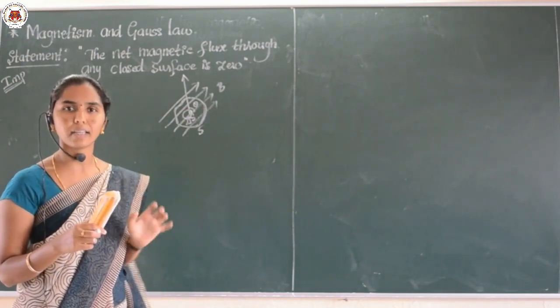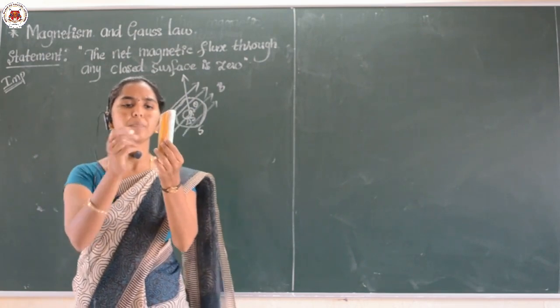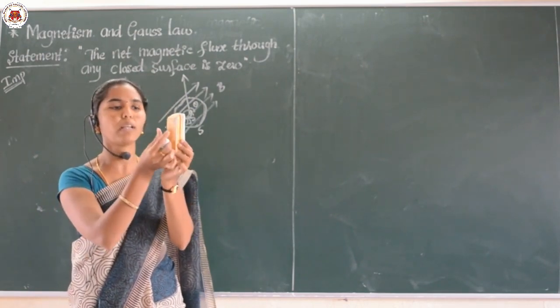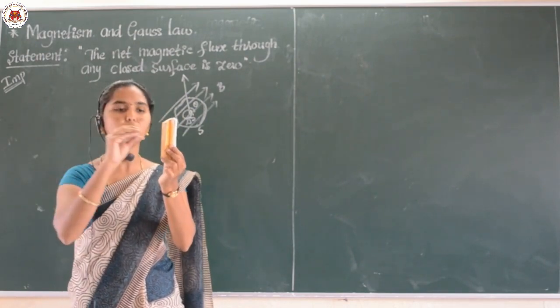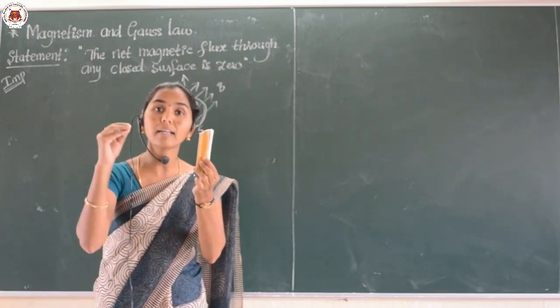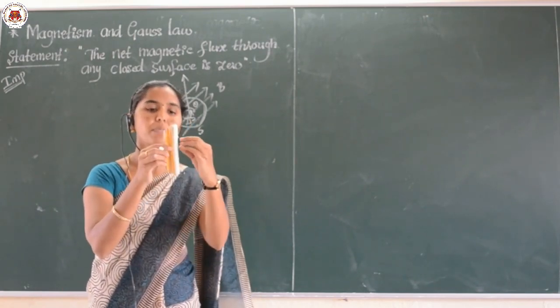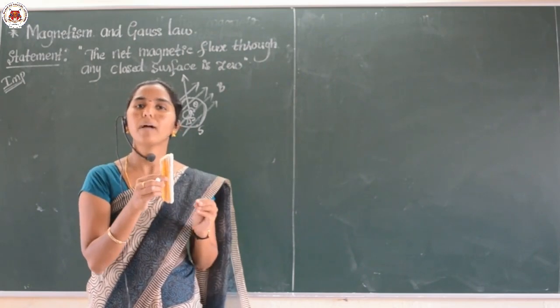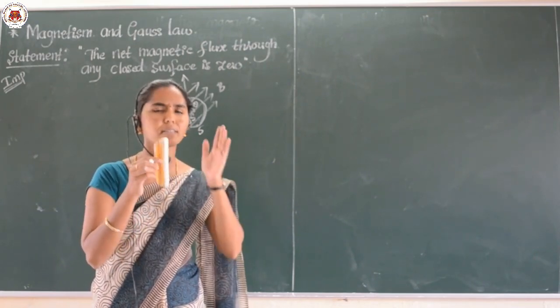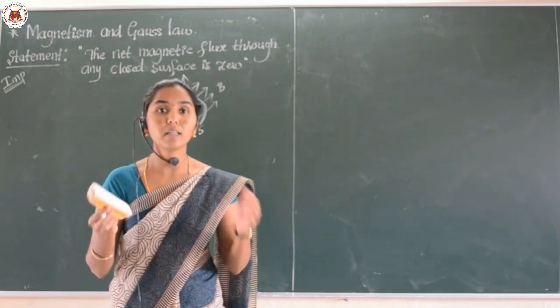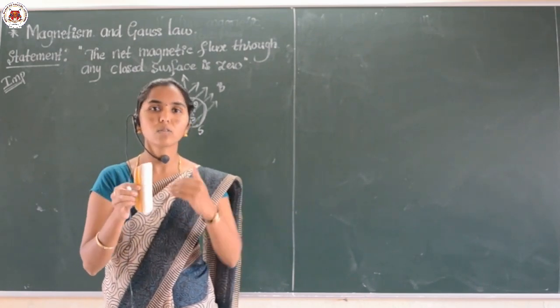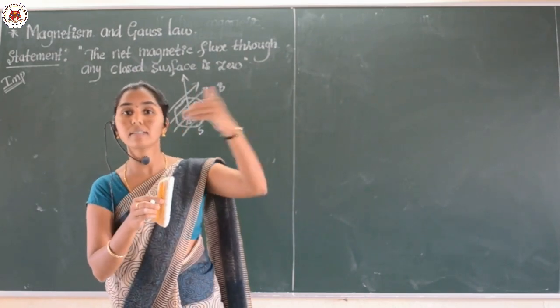That means very simple: if I assume this is a small area element, if 5 magnetic lines are entering the area, then 5 magnetic field lines are leaving the same area, so the entered and the left magnetic field lines will not come again.